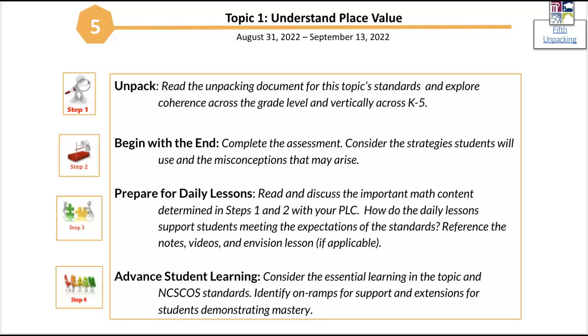We start with unpacking the standards, completing the assessments, thinking about how students will solve the problems, what misconceptions they might have that we can be thinking about ahead of time, and preparing for the daily lesson. So how do steps 1 and 2 inform my intended teaching points day to day? And then the advancing student learning section is also in here as well.